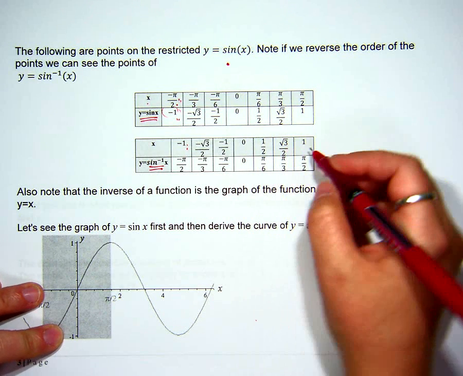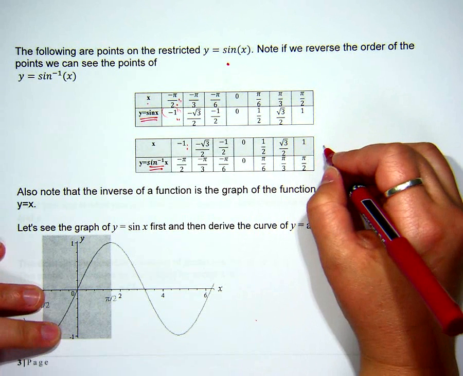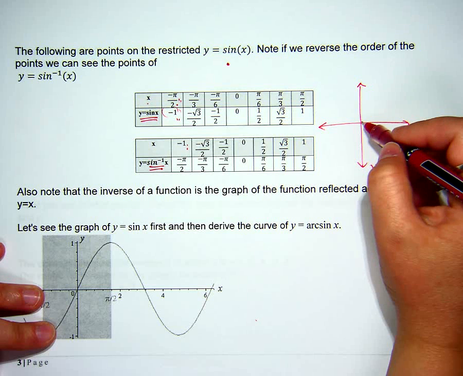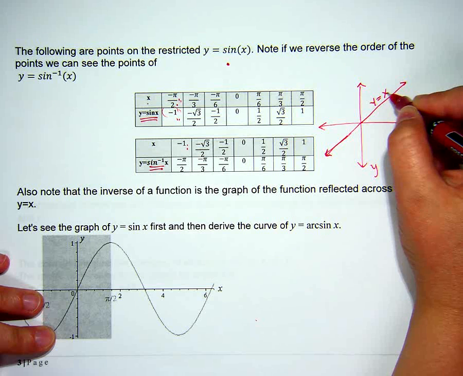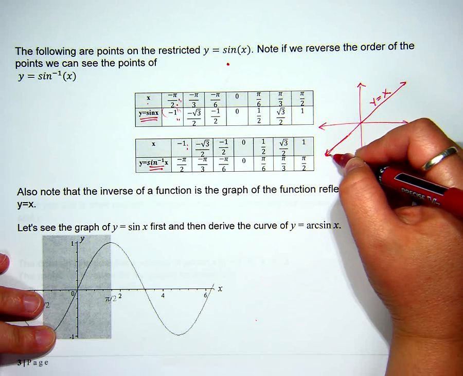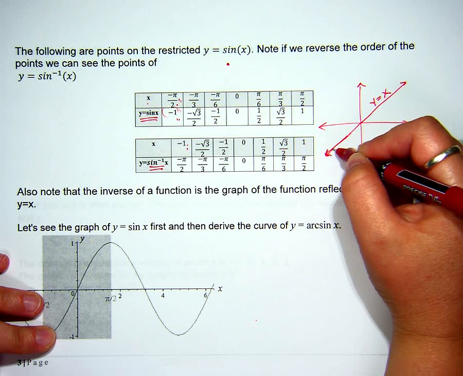Why does this work? To get your inverse function, you always flip across the y equals x line, which means your x's become your y's and your y's become your x's.